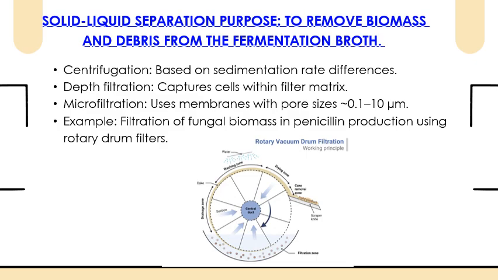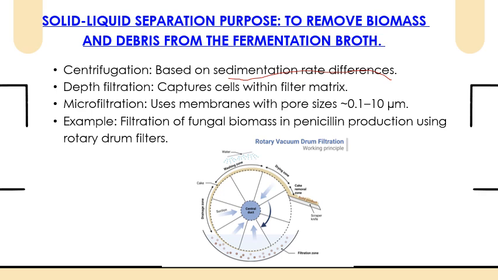Here in this slide, we are going to talk about solid-liquid separation. This is to remove the biomass and debris from the fermentation broth. We have several techniques. We have centrifugation, based on sedimentation rate differences, density, and gravity. For depth filtration, we capture cells within the filter matrix.